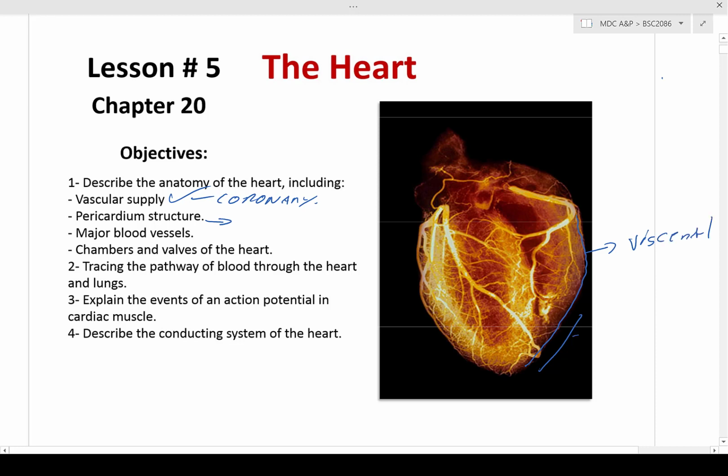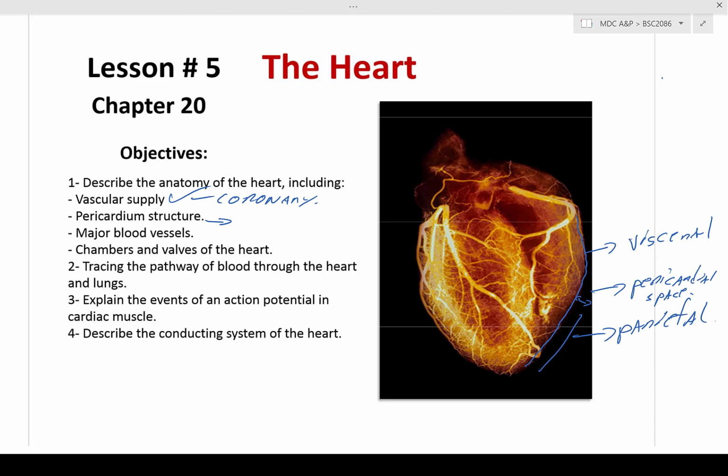You guys remember his name? And parietal pericardium. In the middle, this space right here, it was called the pericardial space. And again, I covered this in 2085. Okay? If you don't remember, that's what you need to know.